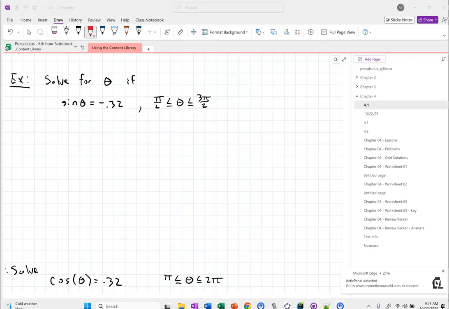All right. So I'm going to start the exact same way. I'm going to observe that here sine theta is negative because it's equal to negative 0.32. Give myself a little bit more space.